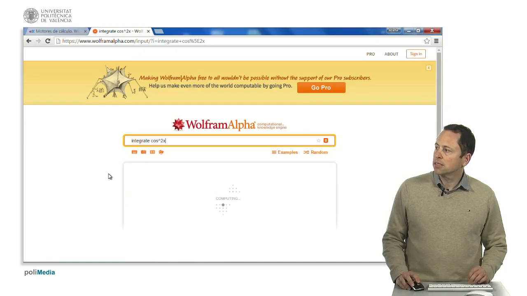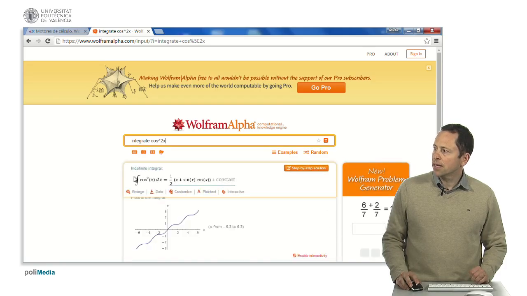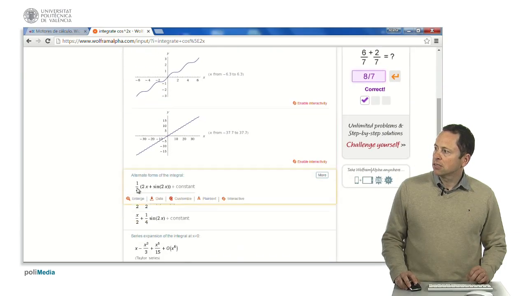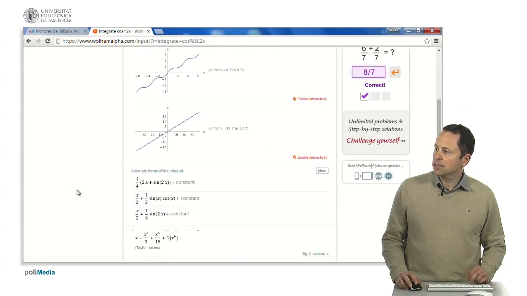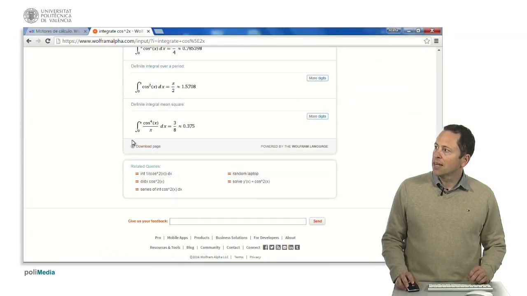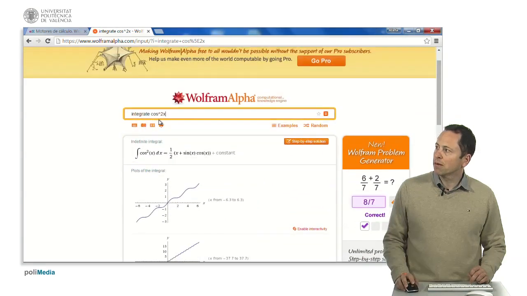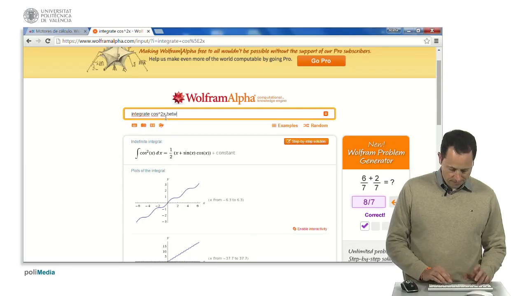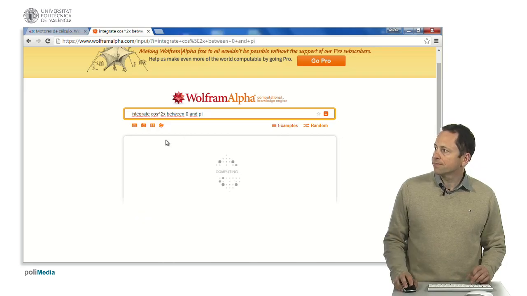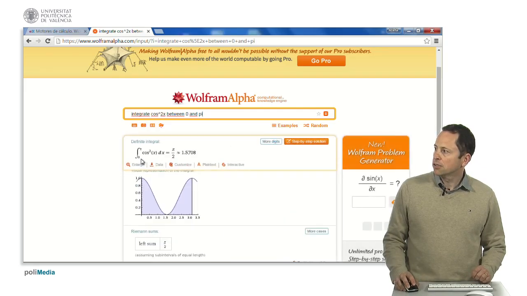Cosine squared of x. Here it will give us the integral with its graphical representation, with different alternative forms, the Taylor series expansion, etc. Even here you see the definite integral between 0 and pi, but here we could also add between 0 and pi, and in theory it gives us the result between 0 and pi.